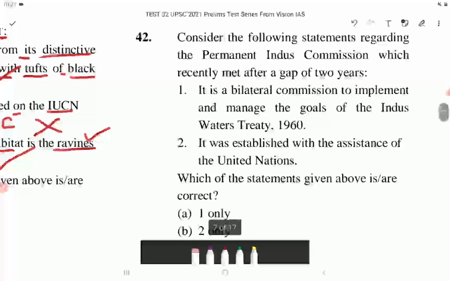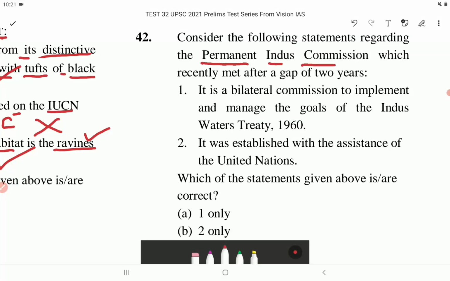Consider the following statements regarding the Permanent Indus Commission, which recently met after a gap of 2 years. Statement 1. It is a bilateral commission to implement and manage the goals of the Indus Waters Treaty 1960.